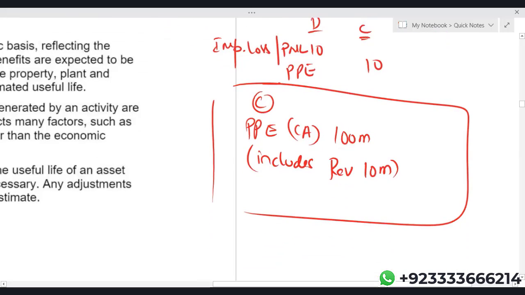This asset is sold for 125 million. Now, please try to understand the scenario. Carrying amount is 100 million, which includes the revaluation surplus of 10 million, and we have sold this for 125 million.